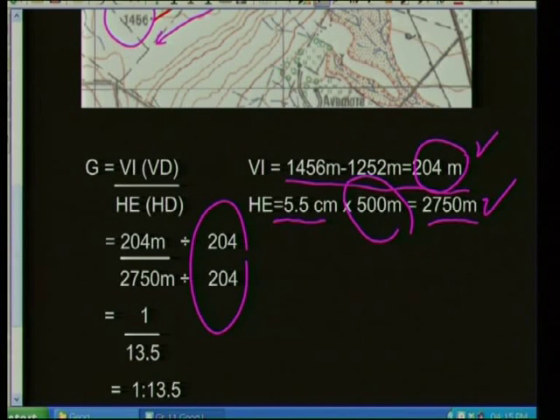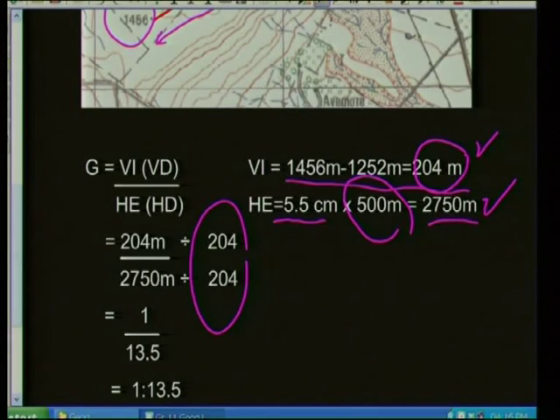We always bring the smaller figure. In this case, the top one is a smaller figure. And how do we bring it to 1? We divide it by itself. Obviously, what we do to the top, we do to the bottom. So we divide the top by 204, we divide the bottom by 204. So 204 divided by 204 is 1. 2750 divided by 204 is 13.5. This is the answer we got from there.